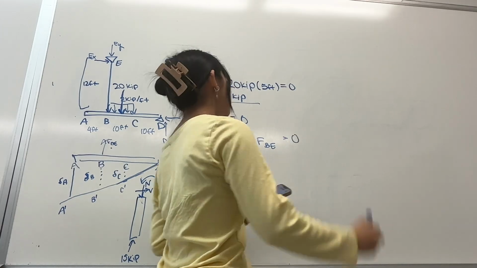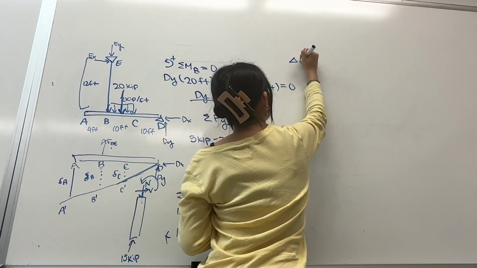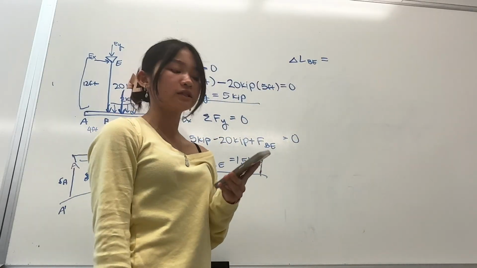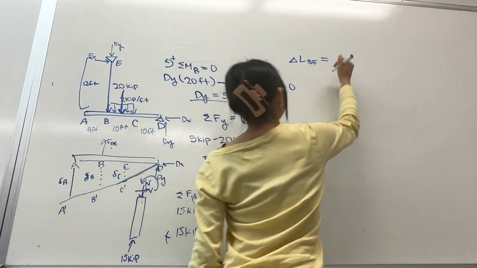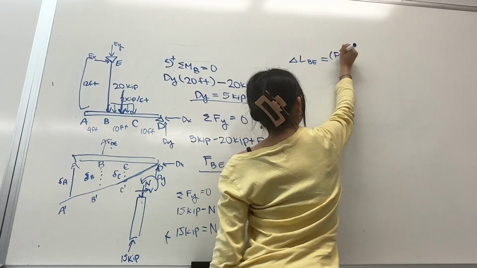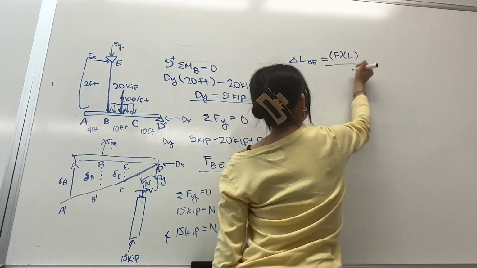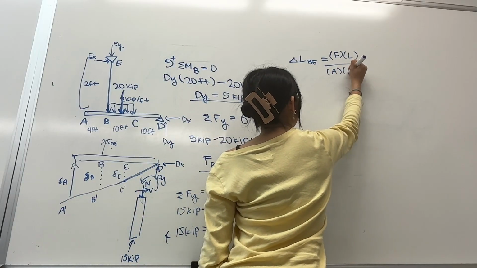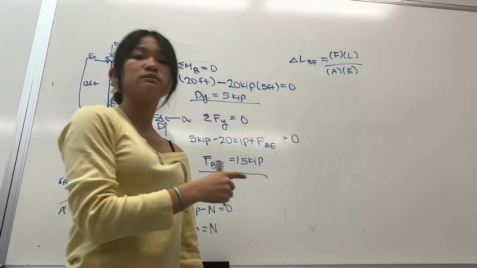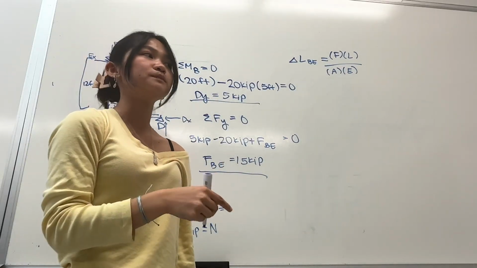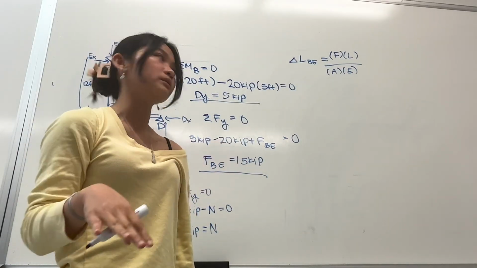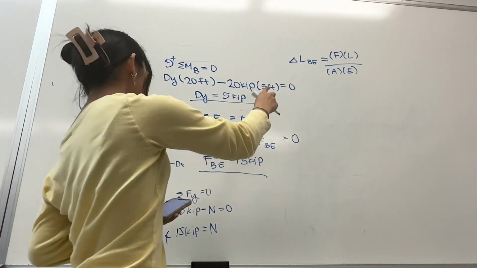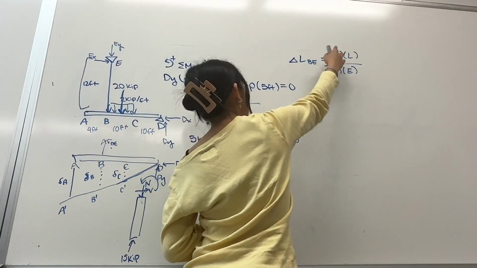So we're trying to find change in length BE, and then we would use the equation that we have, which is the force times the length, divided by area times our modulus of elasticity, which is provided in the problem. So we already have our force, or I guess this is the N, sorry.